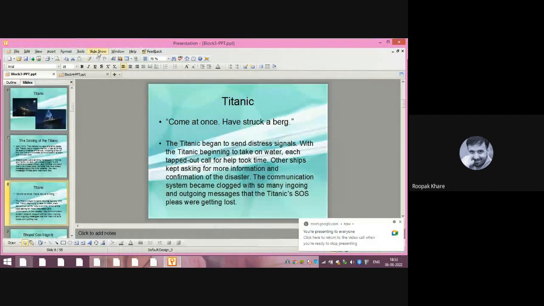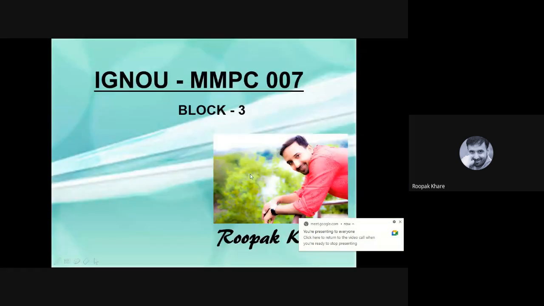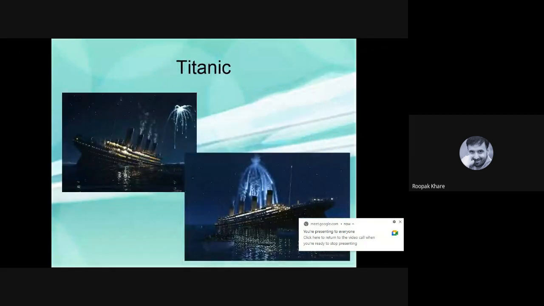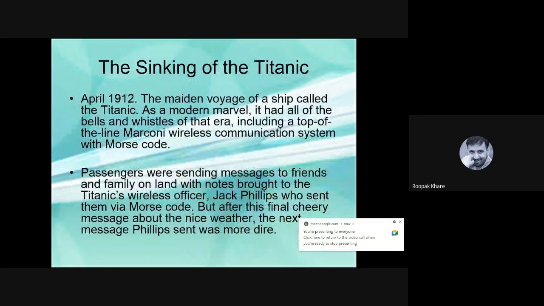And that was another reason that added to the disaster. Maybe some help could have come a little earlier. But since there were so many messages, the network got jammed and the ship could not be saved. So very, very tragic. So again, written communication, and we need to understand the value of written communication, right?